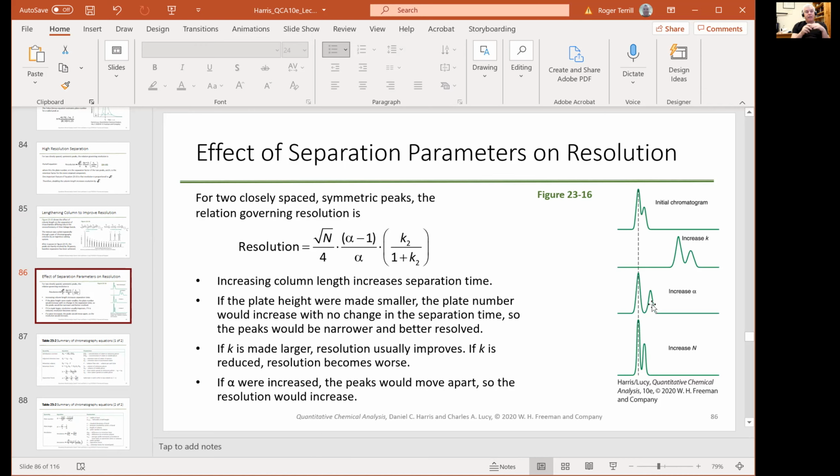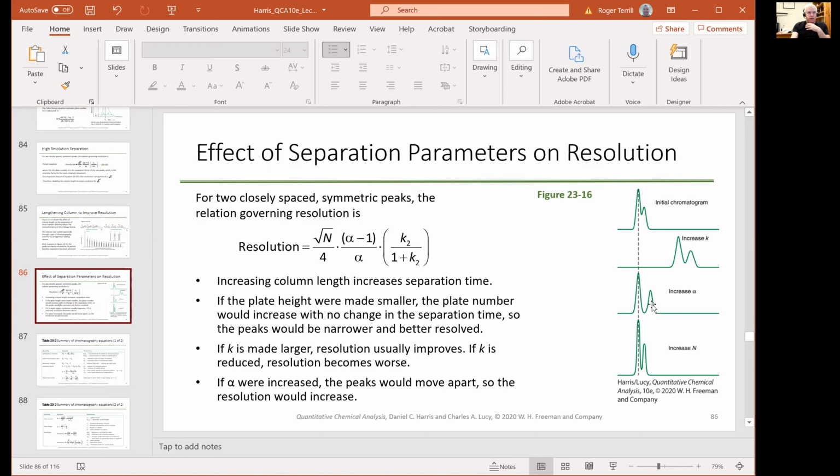And that's about it, I think, right? Because changing the mobile phase and stationary phase could mean a lot of different things. But alpha is a very specific thing: changing the relative affinity of the two solutes for the stationary phase relative to the mobile phase. That's how you're going to change alpha.